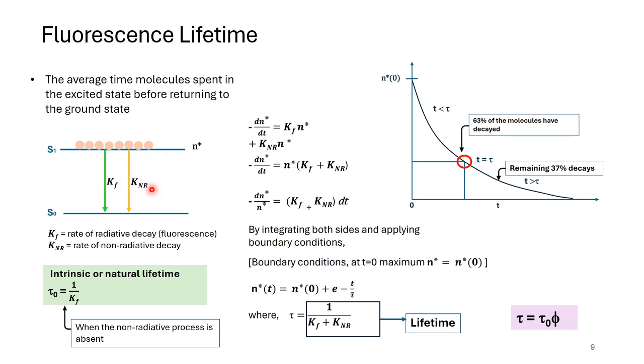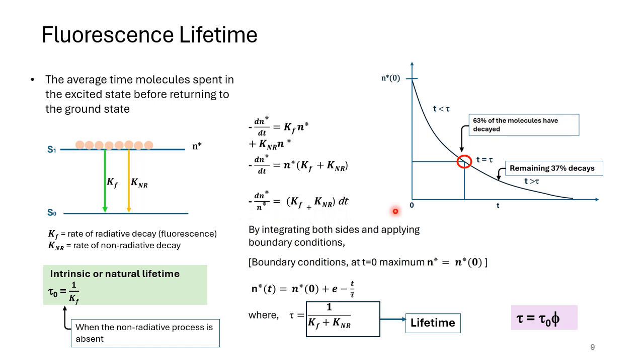So both of these processes actually depopulate the excited state. Now if we consider this population changing as minus dn star dt, that will be equal to the addition of these rate constants, kf n star plus knr n star. We can also write this as minus dn star by n star equals kf plus knr into dt.